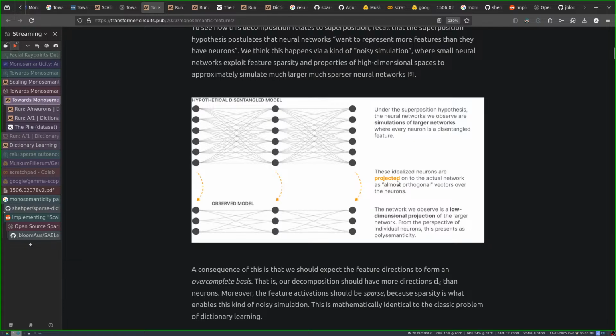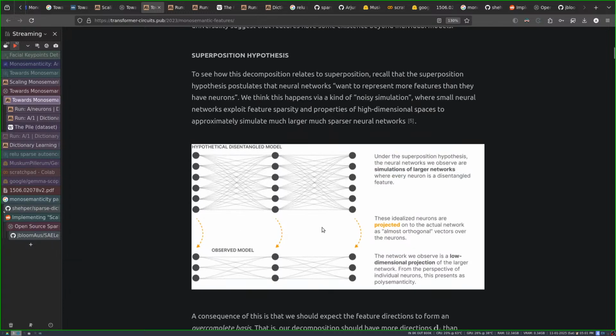Cool, that makes sense. These idealized neurons are projected on the actual network as almost orthogonal vectors over the neurons. The network we observe is a low dimensional projection of the larger network. From the perspective of individual neurons, this presents as polysemanticity. Okay, cool. That makes sense.